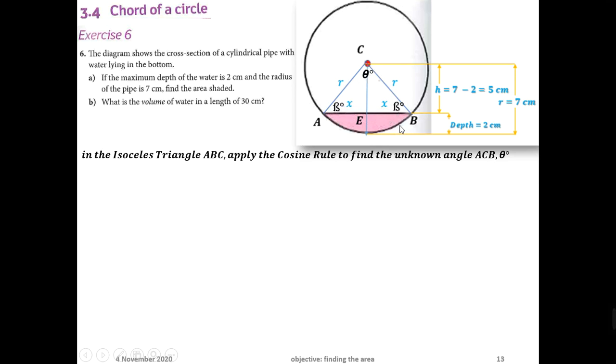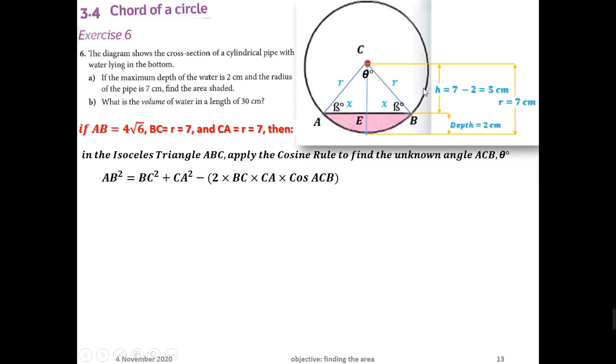We're going to use the cosine rule to find the unknown angle theta, or we named it ACB. Okay, so what is the opposite side to angle theta? It's AB. So we're going to say AB squared is equal to, what are the other two sides? AC or CA and CB or BC. So BC squared plus CA squared minus, in brackets, 2 times BC times CA times cosine the angle between the two sides, which is theta.